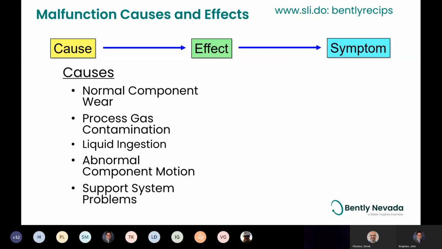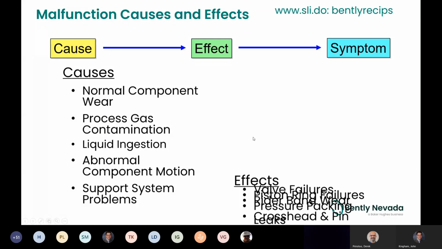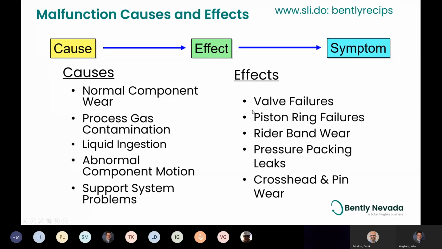Support system problems: typically these compressors have been sitting on the pedestal for years and years, and oil changes can be messy. The oil seeps into the concrete and degrades it, so you might have a support system problem. So what happens? You have valve failures, piston ring failures, rider band wear, pressure packing leaks, and crosshead and pin wear.